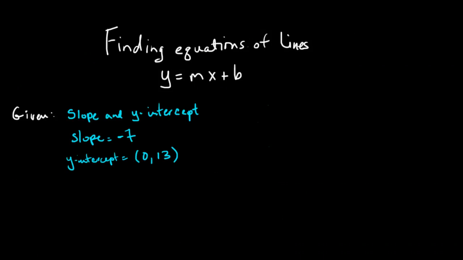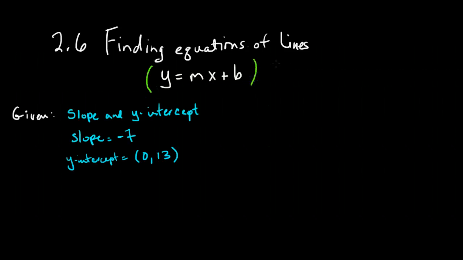Let's take a look at Chapter 2.6, which is finding equations of lines given various bits of information. By now you should be very familiar with the form of the equation y equals mx plus b.